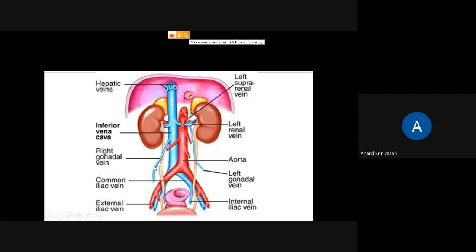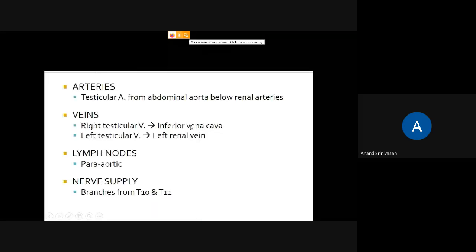In females it's just the same: the right ovarian vein goes to the inferior vena cava, and the left ovarian vein goes into the left renal vein. So this is also important. The right testicular vein goes to the inferior vena cava, the left to the left renal vein.